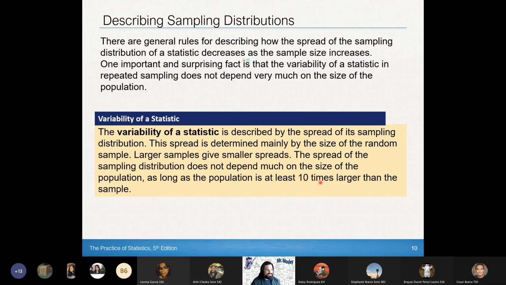All right, so the sample should be 10% or less of the population. We really shouldn't go larger than 10% of the population. Otherwise, we're starting to play around with the population.